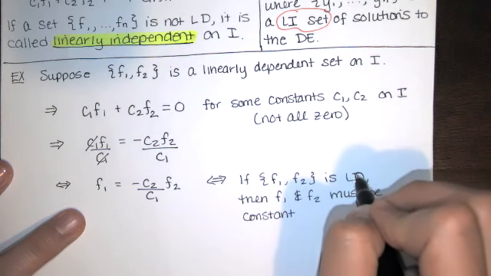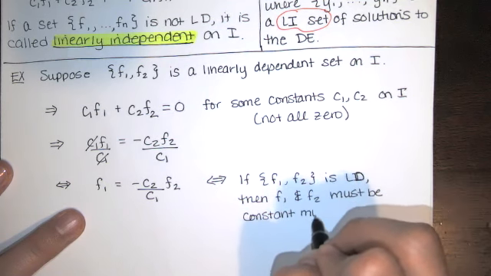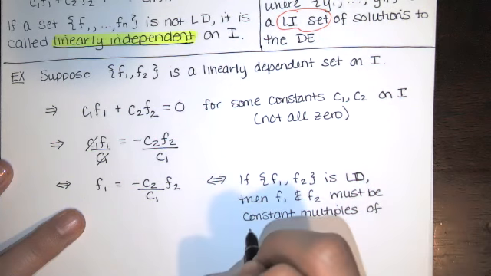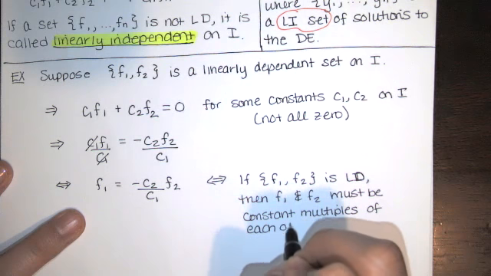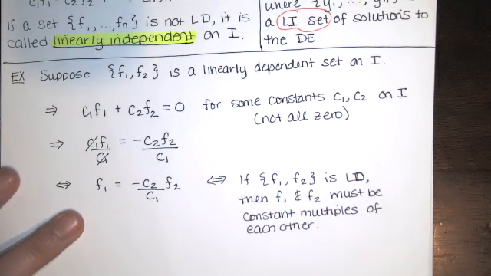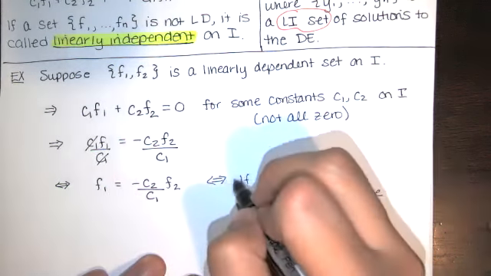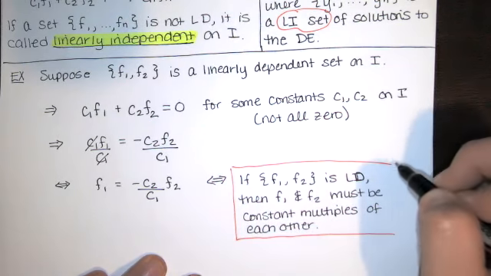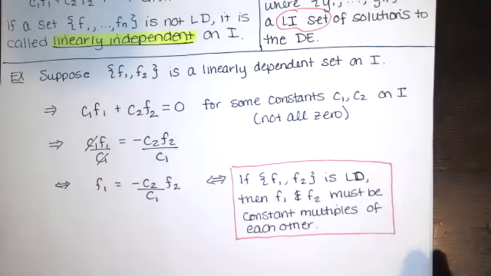This is linearly dependent, not independent, sorry. And I hope that this helps you understand a little bit of what we mean when we say that a set of functions is linearly dependent.